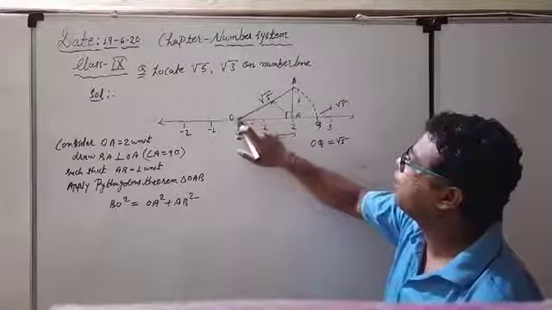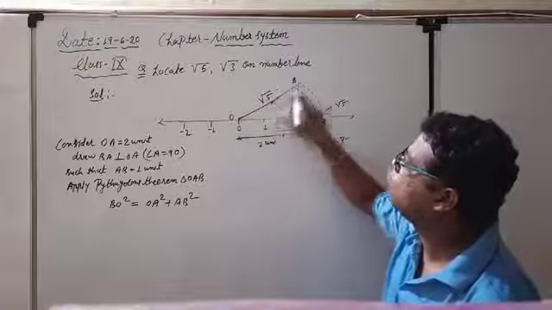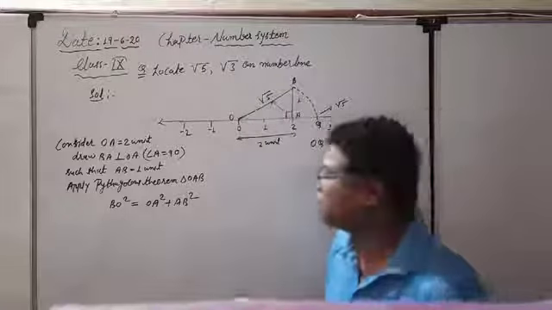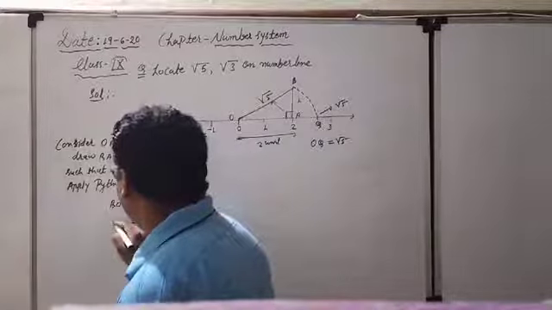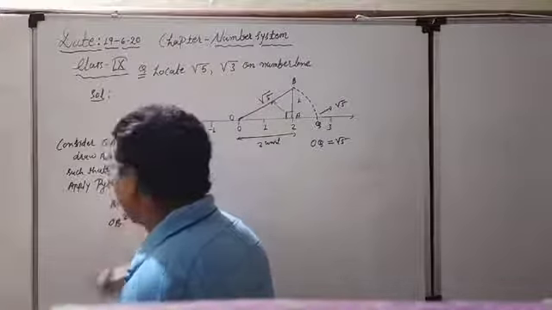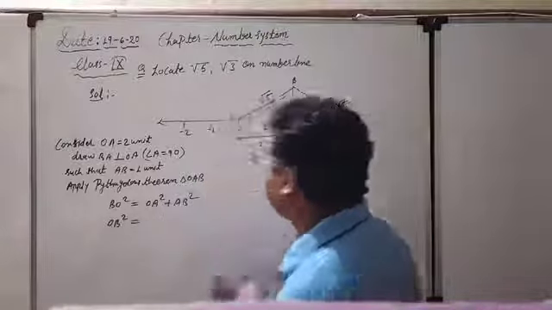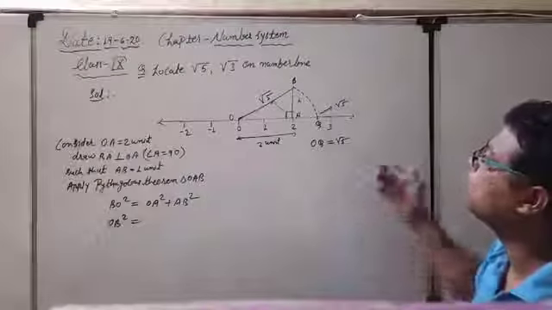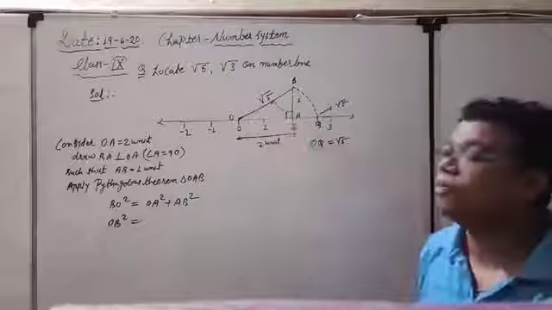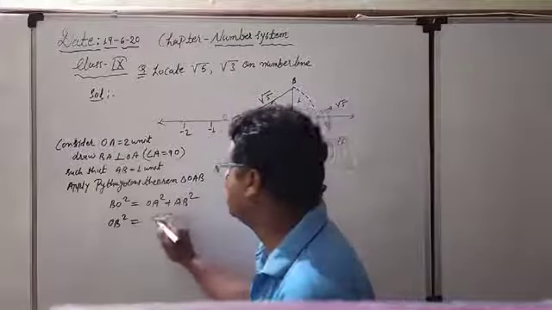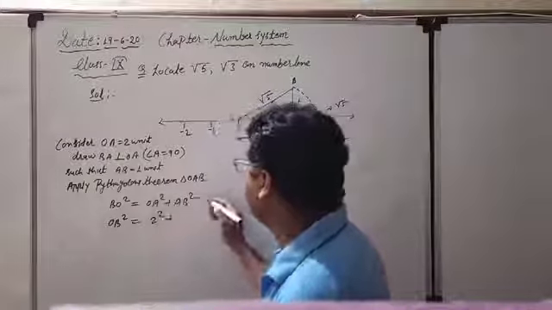Actually we are going to find out the distance of OB. And what is the OB here? OB is the hypotenuse. So OB square, the hypotenuse square, should be equal to OA square. What have I considered OA? I have considered OA equal to 2 units, so 2 square, plus AB square.